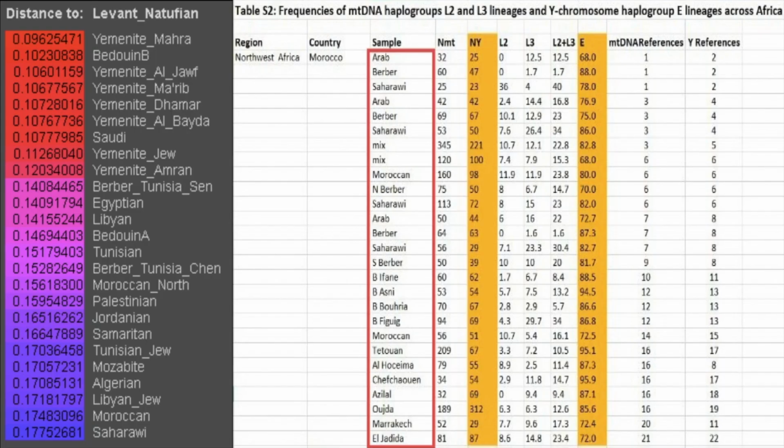These are their ancestors. And here is just a basic map illustrating people with close genetic distance to Levant Natufian. On the left side of the screen is the distance of Levant Natufian to modern populations, and on the right-hand side of your screen are peoples with haplogroup E, and you typically see a very close association between haplogroup E and Natufian ancestry.